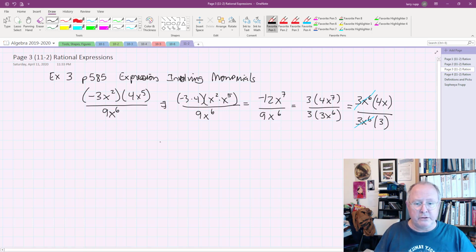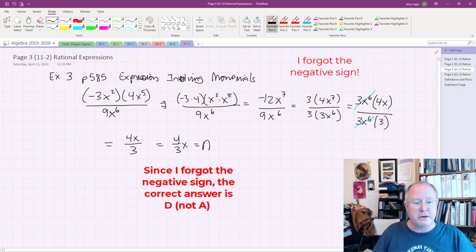All right? So what you're left with then is 4x over 3. Now for this problem, 4x over 3 happens to be 4/3 x. You should be able to recognize that, which happens to turn out to be option A for this example that's in the book. All right. 4/3 x is what this original problem simplifies down to.